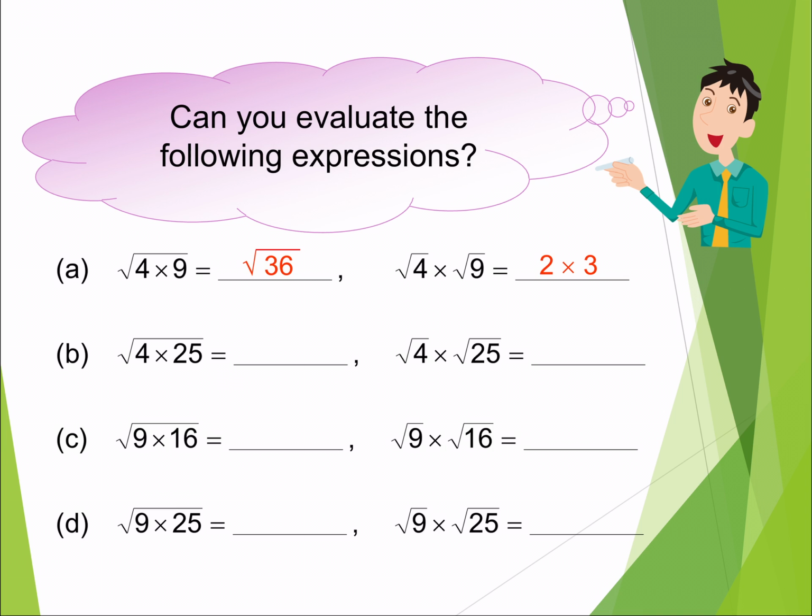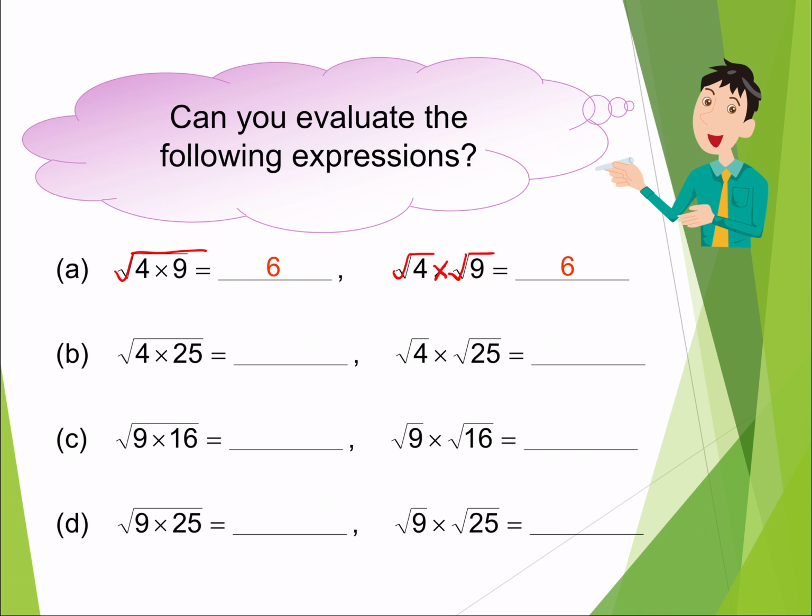And square root 36 equals 6. 2 times 3 is also equal to 6. So you can see that the answers of the left-hand side and right-hand side are equal. Seems like the square root can be distributed to both 4 and 9, and then the two surds are multiplied.